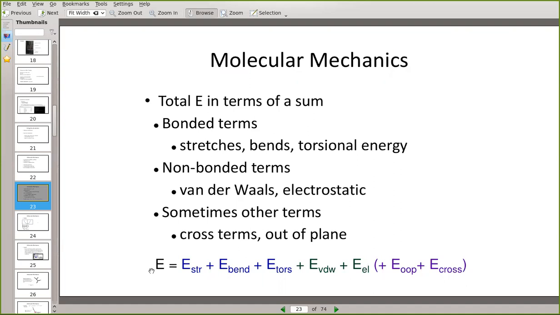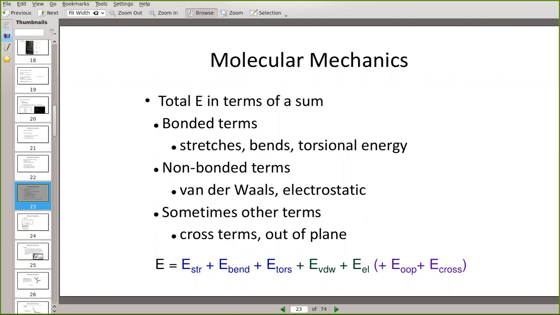Right, now depending where you look, there'll be some other terms, and sometimes there will be cross terms, out-of-plane terms, etc. Those are just refinements on the total energy. People refine the expression in different ways, but ultimately what people are trying to do is get the total energy of a molecule dependent on every single bond in the molecule, every single angle in the molecule, every single torsional angle in the molecule, and of course, taking into account close contacts or far contacts, and taking into account the charges on the atoms and how the charges interact with each other.